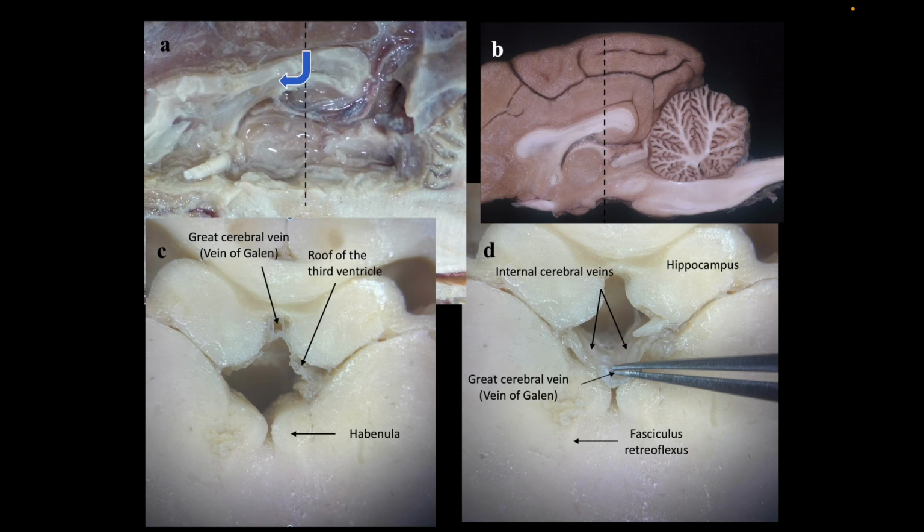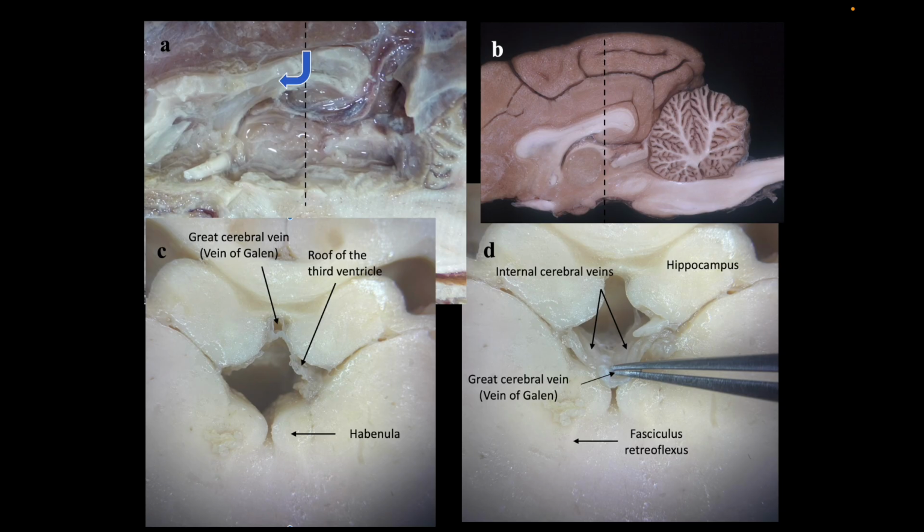So we go to image C and D, and then you see the habenula clearly, and under this is the hippocampal formation, and in particular the dentate gyrus. You can see the roof of the third ventricle and the third ventricle underneath, so on top of the habenula and under the roof of the third ventricle.